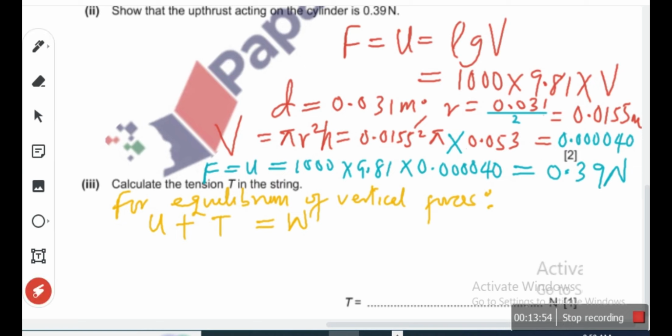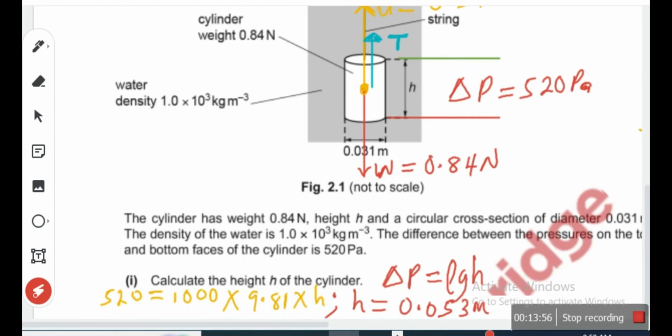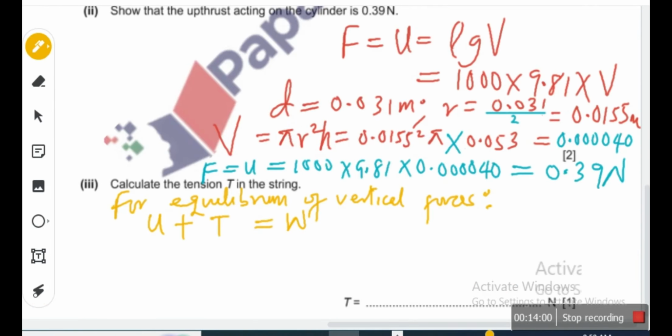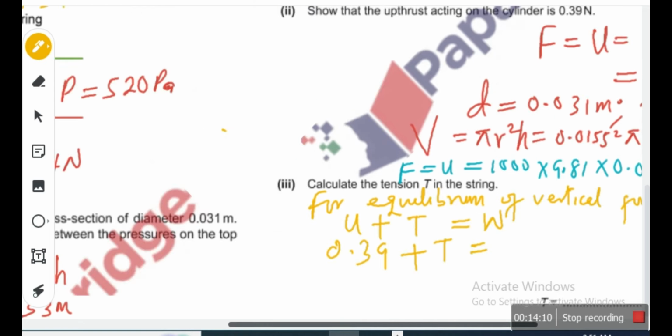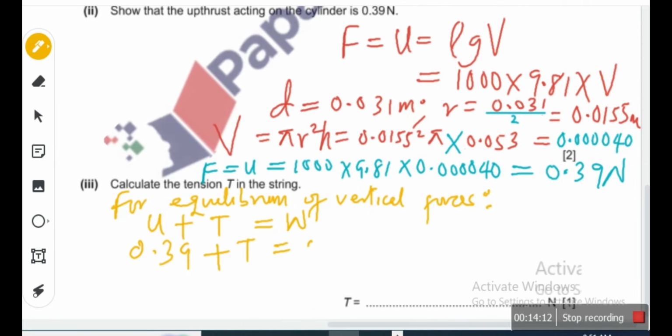And we know the weight. The weight is 0.84. So we can find the tension. So up thrust, which is 0.39, plus the tension we're looking for is equal to the weight, 0.84.